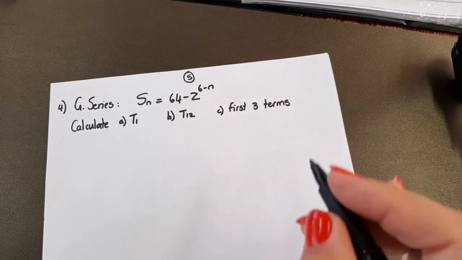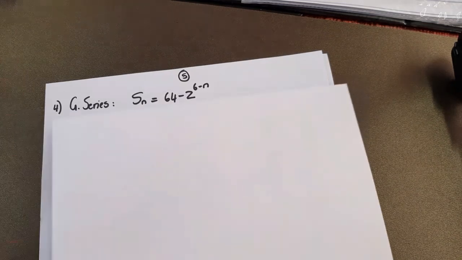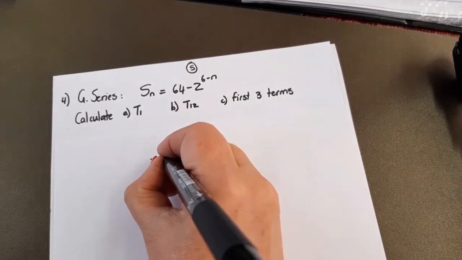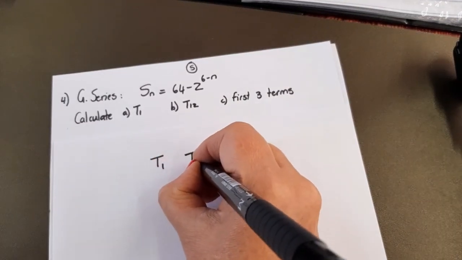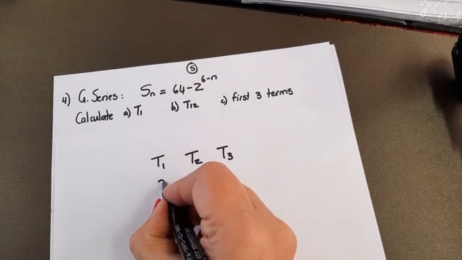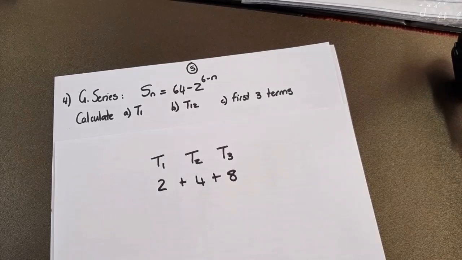If we take, for instance, let me just get another paper. Term number 1, term number 2 and term number 3. Let's say it's 2 plus 4 plus 8.